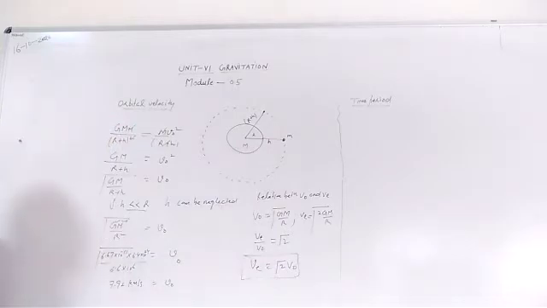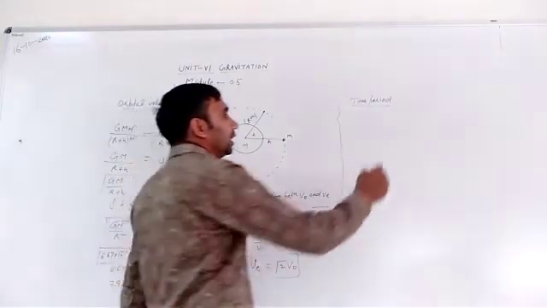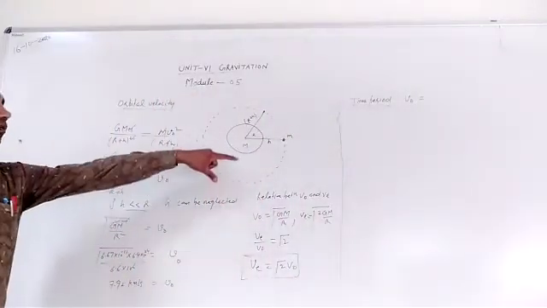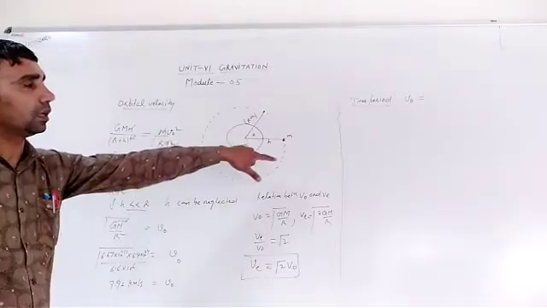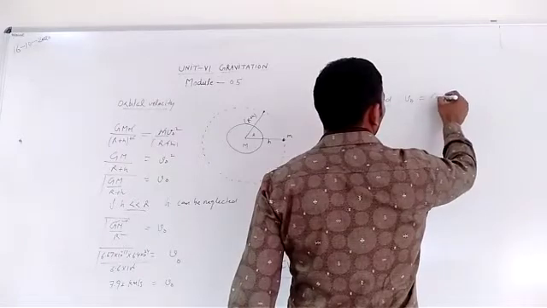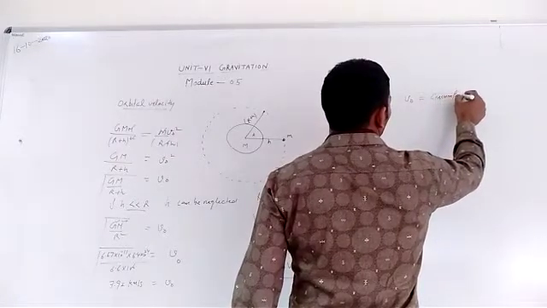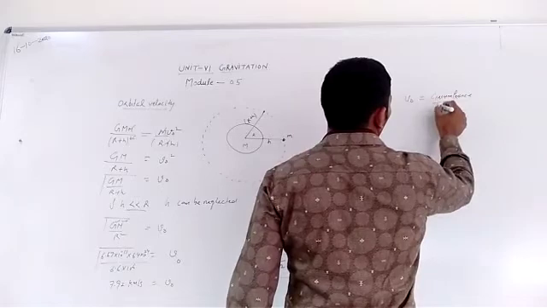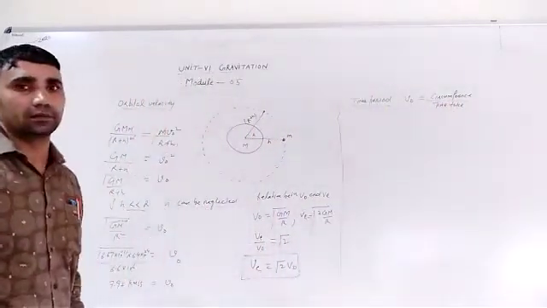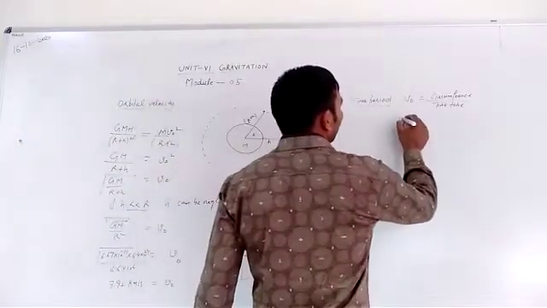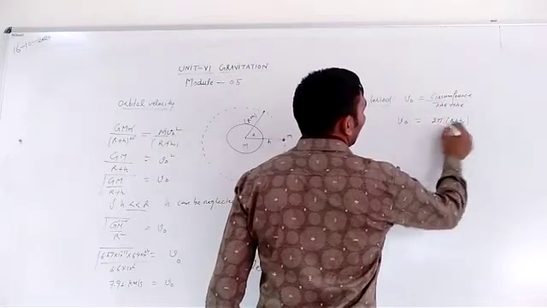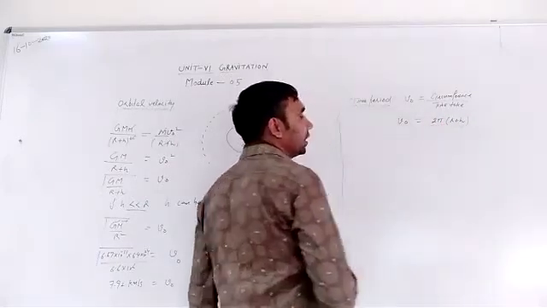As we know, orbital speed of satellite is equal to the distance covered by the satellite in this particular orbit in one complete rotation, that is the circumference, divided by the time taken. Circumference is equal to 2 pi (R plus h). Time taken, we calculate.